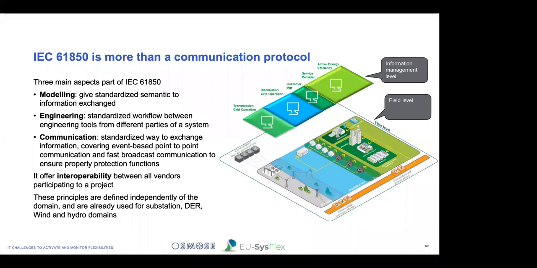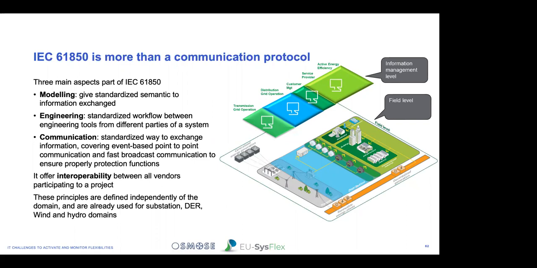So 61850 also comes with a standardized way to exchange information, covering two different ways of data exchanging: the event-based point-to-point communication, the so-called client-server, and the other one, which is the fast broadcast communication to ensure properly the protection functions.